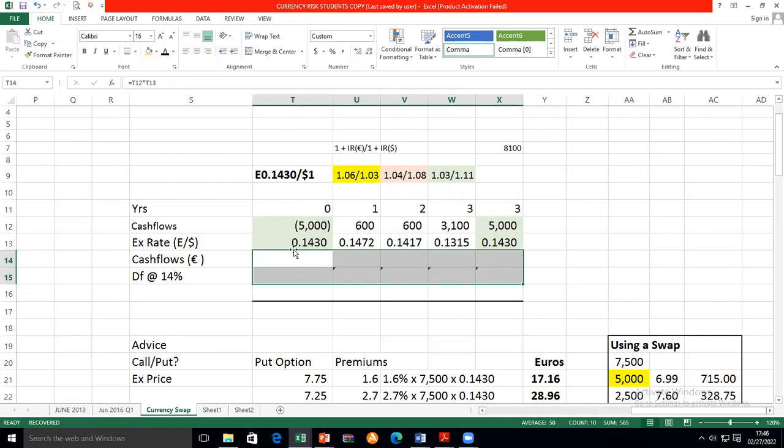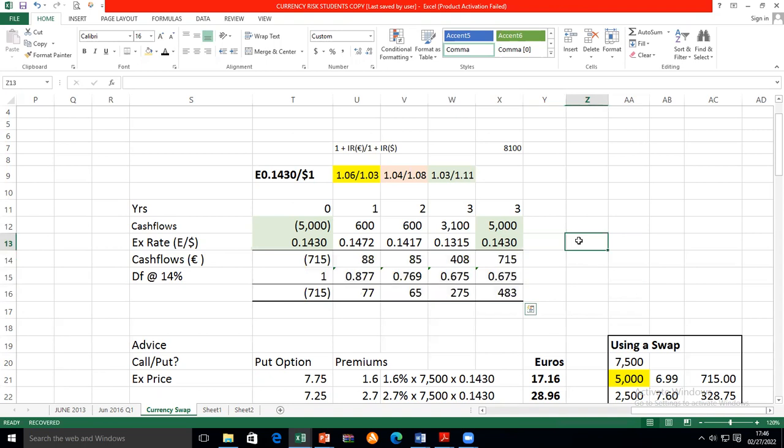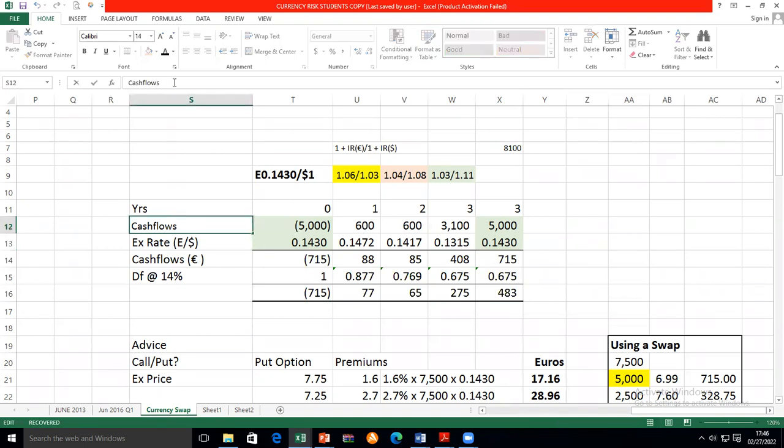They are all there. These currencies are in dollars.